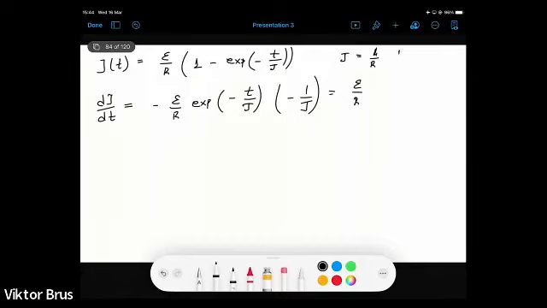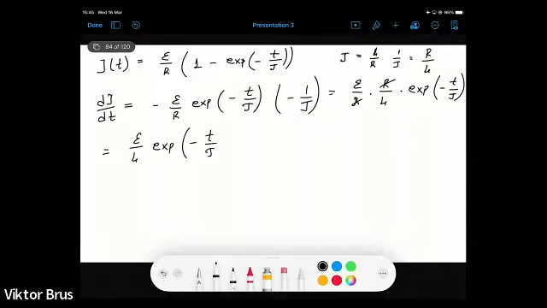So 1 over tau will be R divided by L. So that's why here we will write R divided by L times exponent minus time over tau. And this will be equal to, so we cancel out this R, epsilon divided by L times exponent minus time over tau. So this is the expression for first derivative of electric current over time.